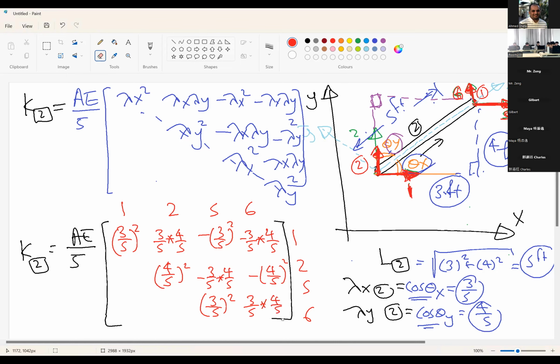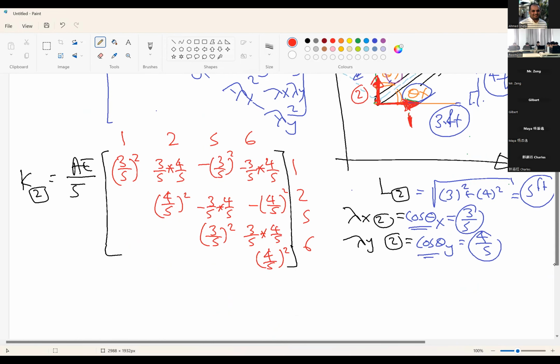And finally 4 over 5 squared. And this part is symmetric with this part.